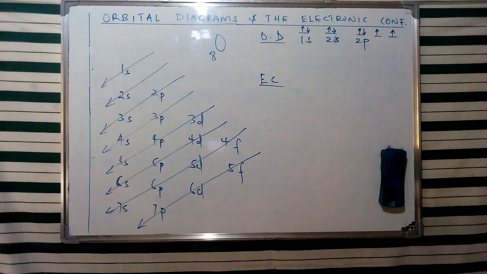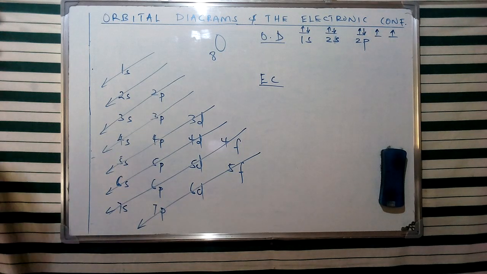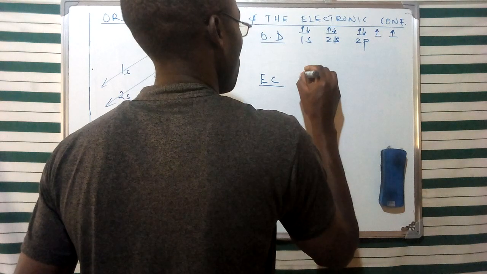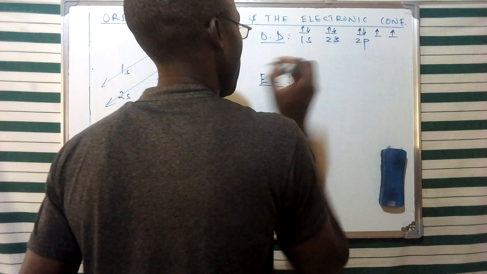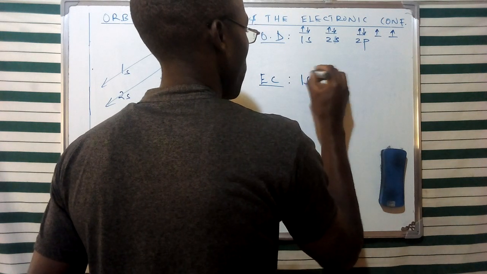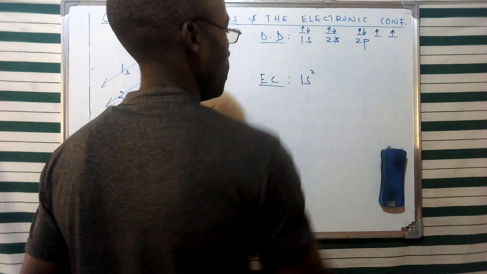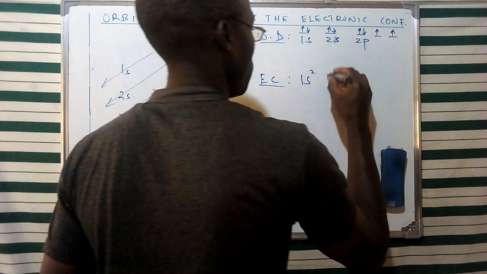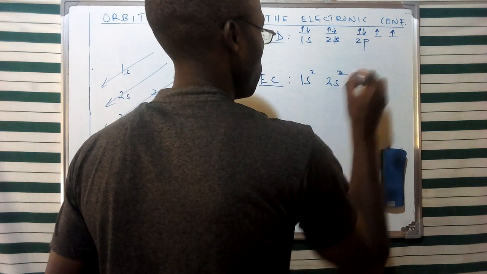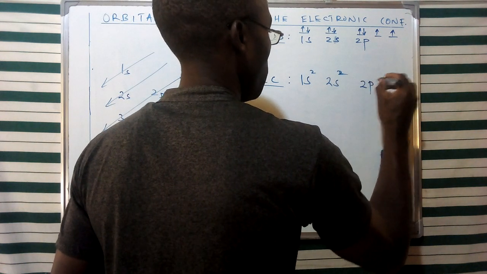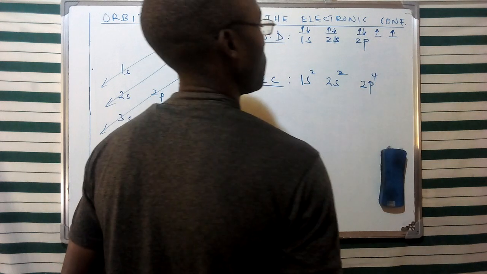In this case, to contrast that with the electronic configuration, we had said that electronic configuration is going to show electrons without their orientation. So we're going to have the 1s orbital having 2 electrons, the 2s orbital having 2 electrons, and the 2p orbital having 4 electrons given as such.